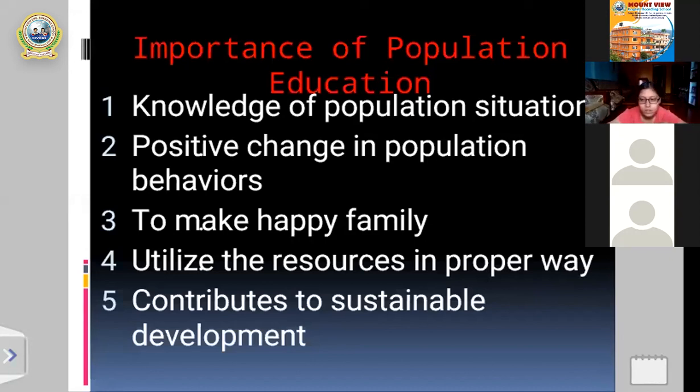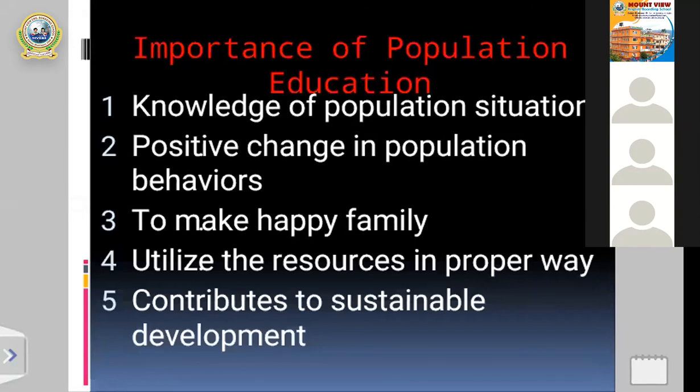If our life is of quality, then we feel satisfaction, and if we feel satisfaction, then we feel happiness. So population education is very essential to manage the population.